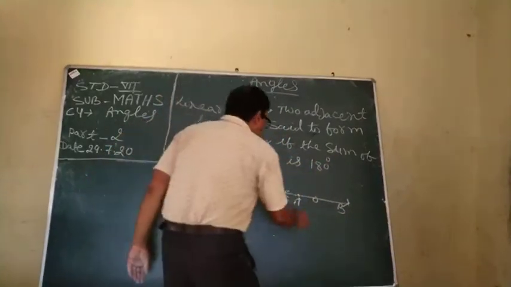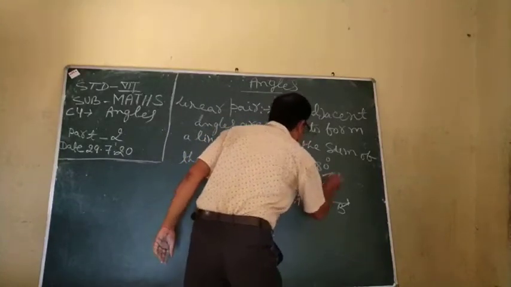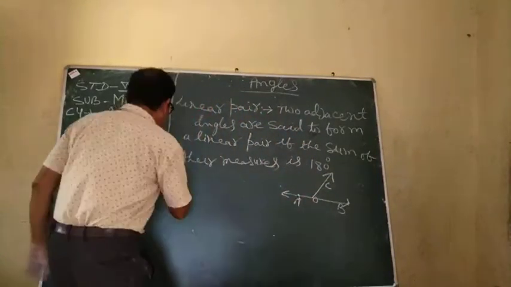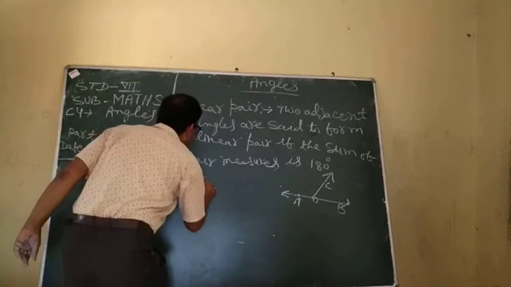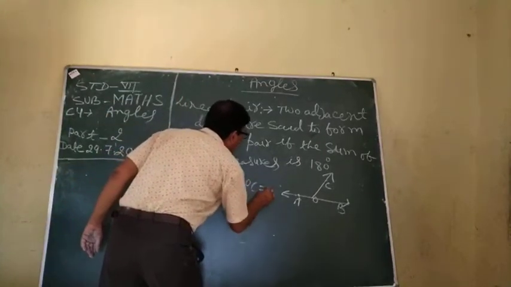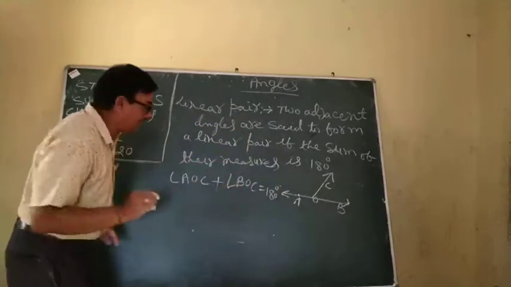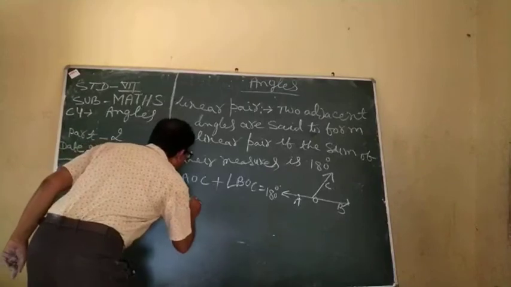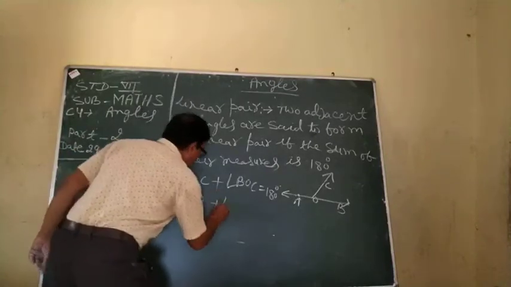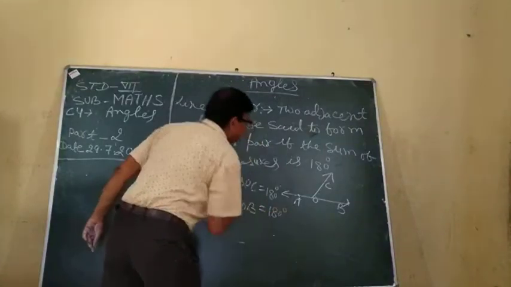Now one line meets at OC. So angle AOC plus angle BOC is equal to 180 degrees. This can be written as angle COA plus angle COB is equal to 180 degrees.